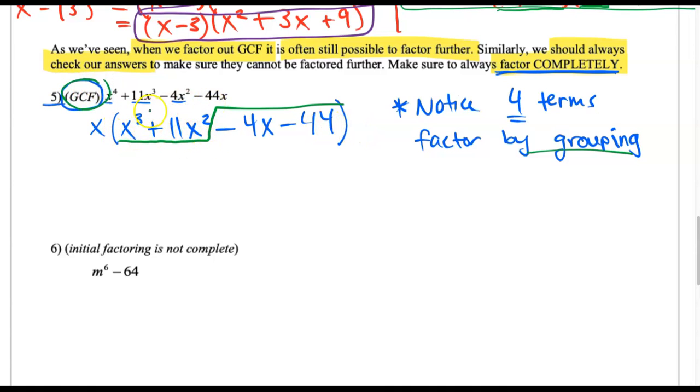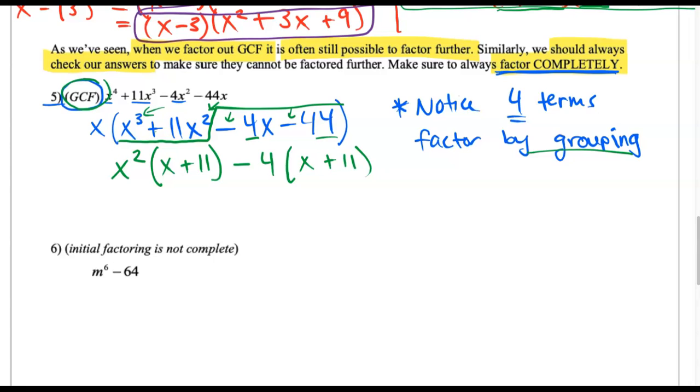So for this one I notice I have at least 2 x's in each term. So I'll take out x squared. And then I'd be left with x plus 11. In this one, I notice I have a negative in common with both and a 4. So I'll take out a negative 4 and I'll be left with positive x plus 11.